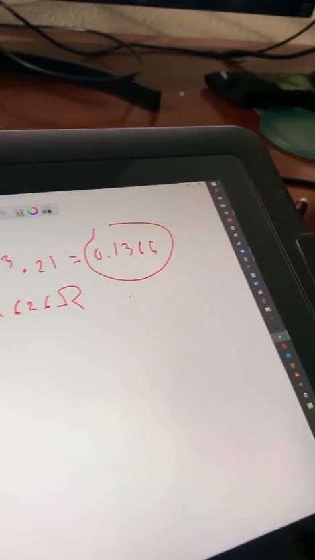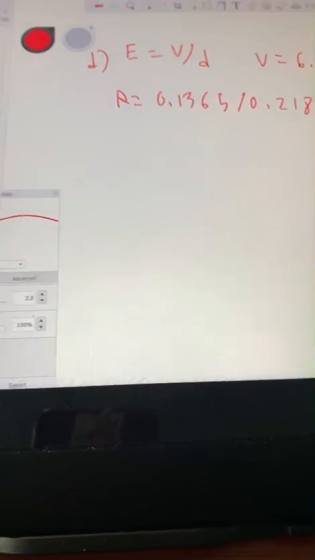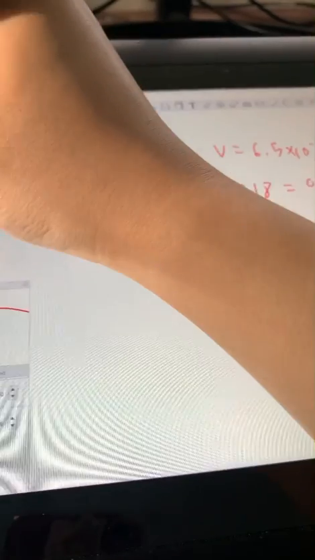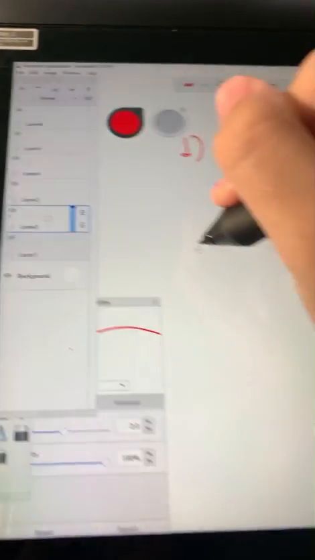For part E, it wants us to find the resistivity of the material of the wire. So we would use the same equation as part C, except we're going to rearrange it a bit.